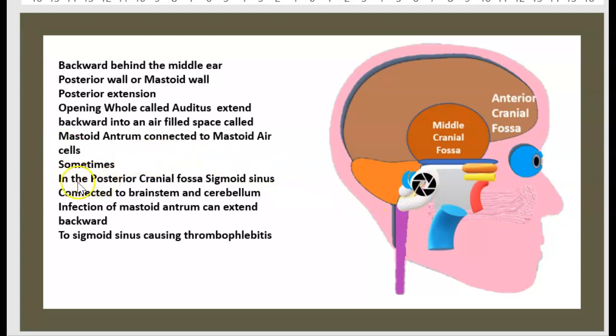Sometimes, in the posterior cranial fossa, the sigmoid sinus is connected to brainstem and cerebellum. Infection of mastoid antrum can extend backward to the sigmoid sinus, causing thrombophlebitis.